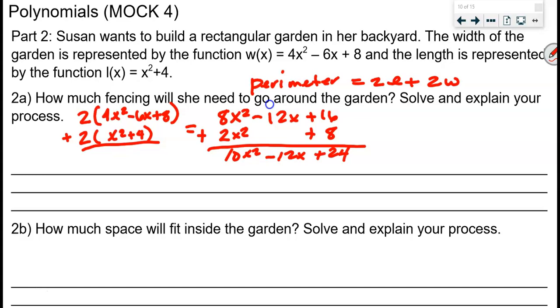So what we need to do is explain this. Let's explain why we are finding perimeter, okay?